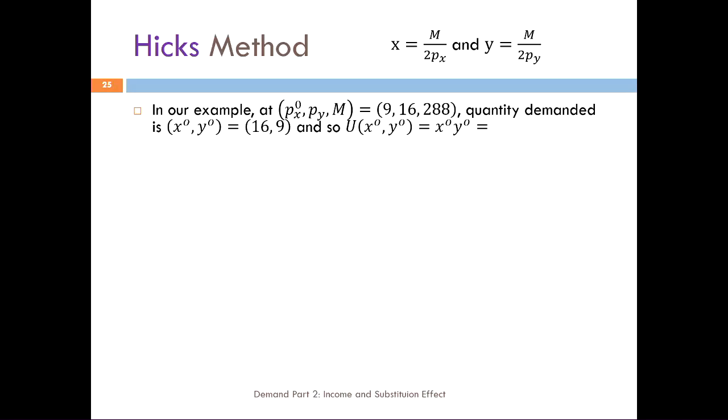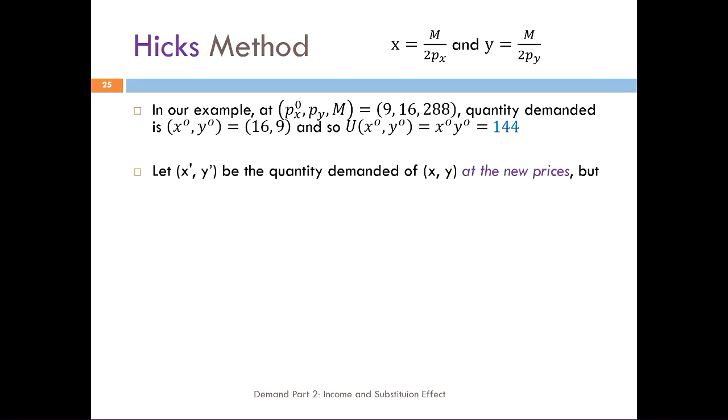If you substitute in income of $288 and the price of Y of 16, you find Y is equal to 9. So that's where the quantities demanded of 16 and 9 come from. Then we calculate the utility. This person's preferences are represented by the utility function xy, so 16 units of X times 9 units of Y. His original utility is 144 units of utility.